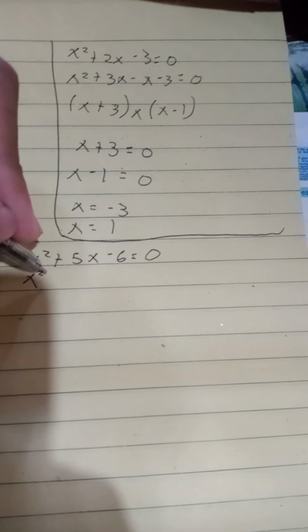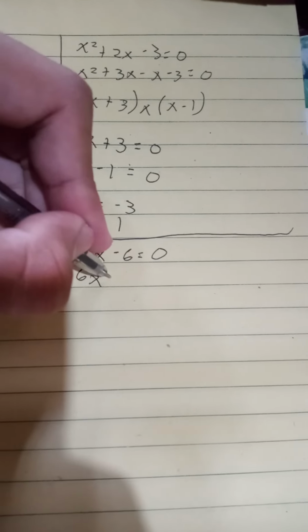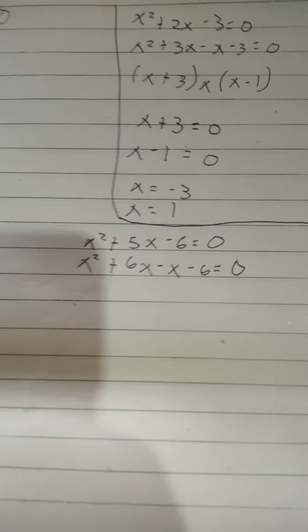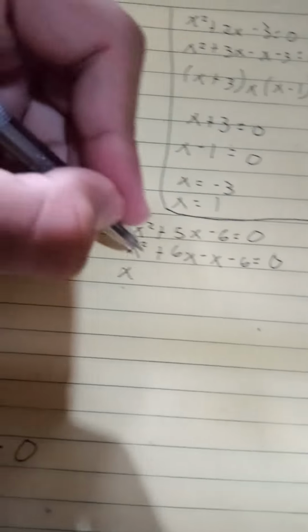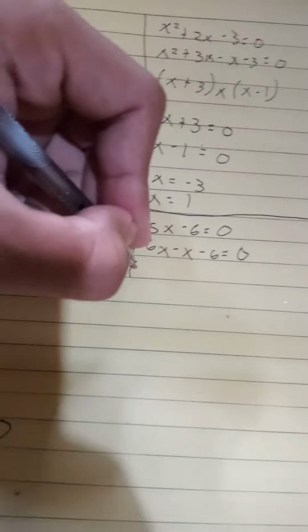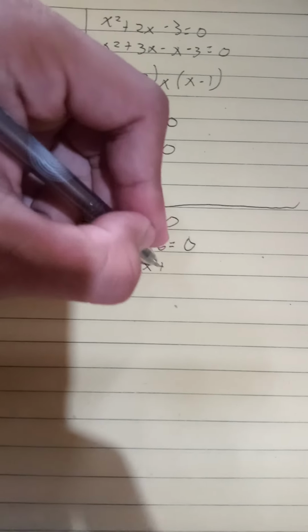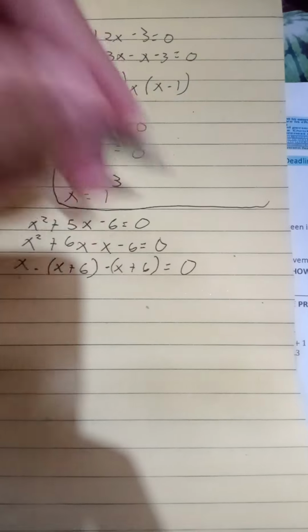And rewrite: x squared plus 6x minus x and negative 6 equals 0. Then factor the expression. So it will be x times x plus 6 minus x plus 6 equals 0.